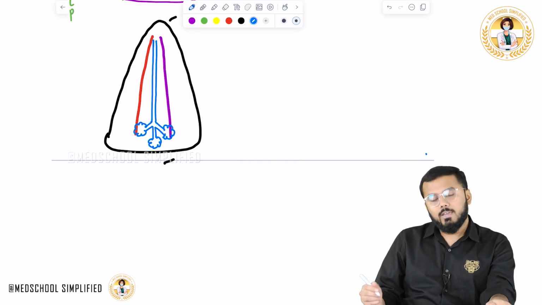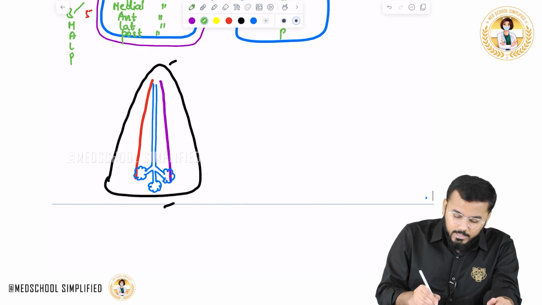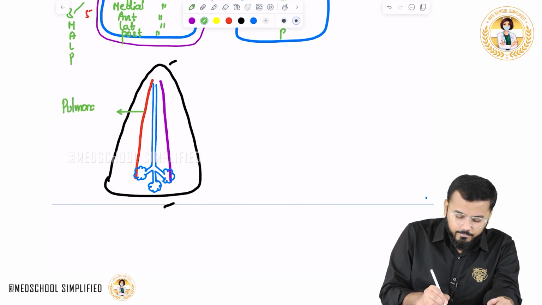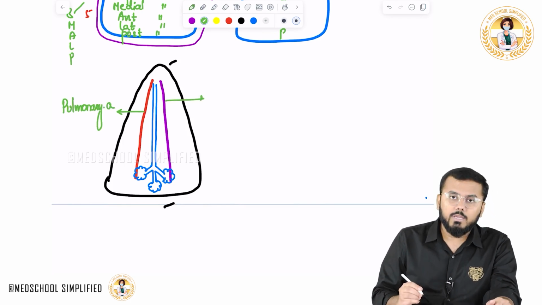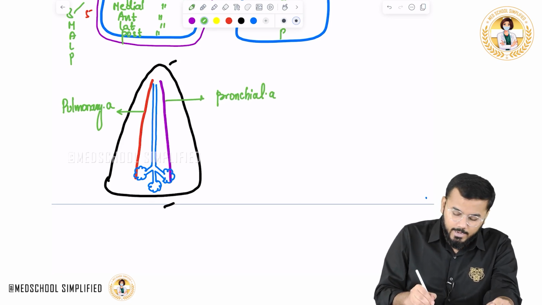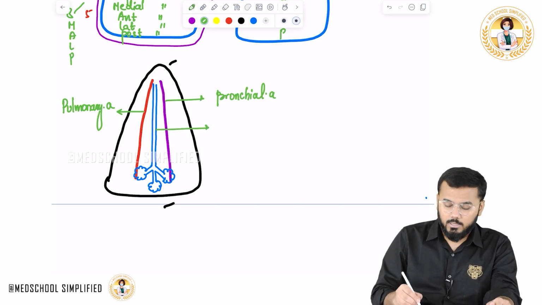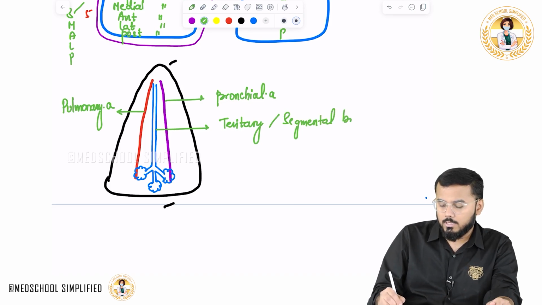Now, do we have any vein over here? We did not draw any vein because there are no veins here. So this red one over here is your pulmonary artery, and this violet one over here is your bronchial artery, and this one in the center, you call it your tertiary or segmental bronchus.